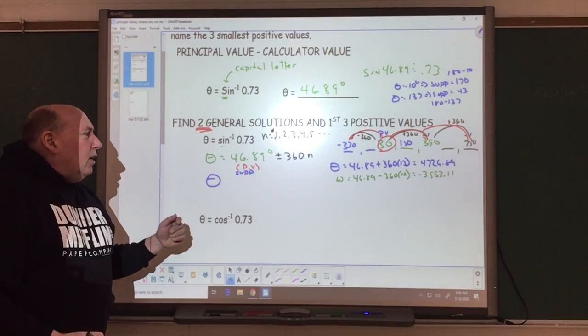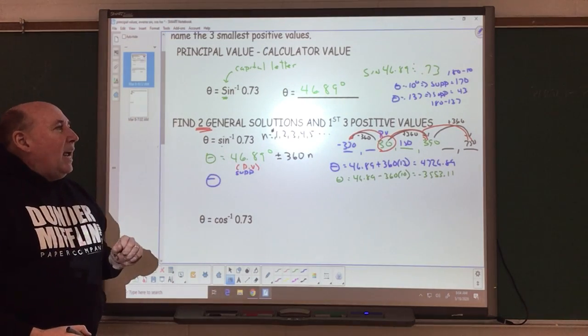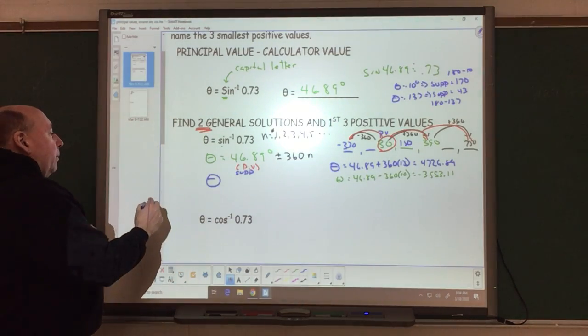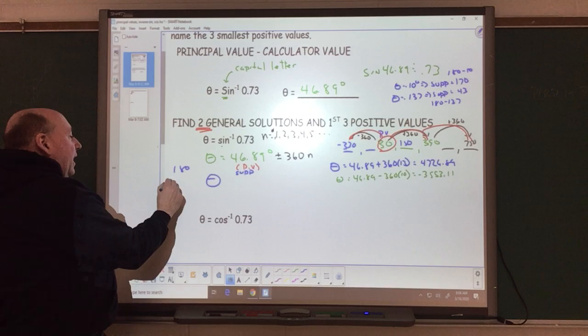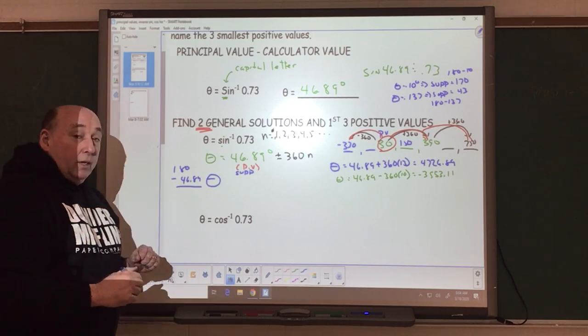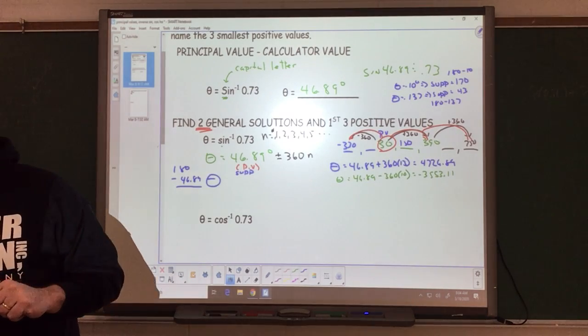So if I take a look at 46.89 and I want to find the supplement, how can I find it? I could take my 180 and subtract off the 46.89. So clickety-clack through the calculator.